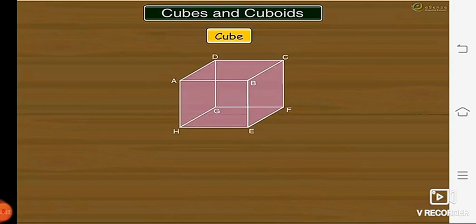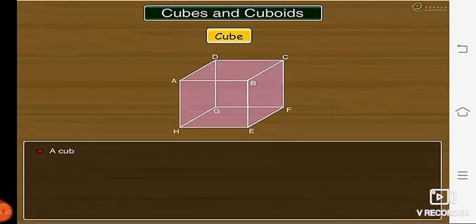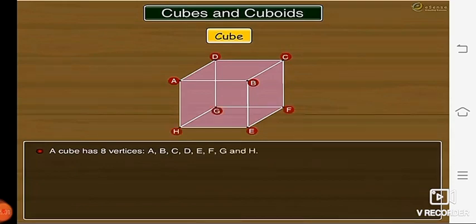Now tell me, how many vertices does a cube have? Yes, a cube has 8 vertices: A, B, C, D, E, F, G and H. So these are the 8 vertices of the cube. Okay, now we'll see the next thing.